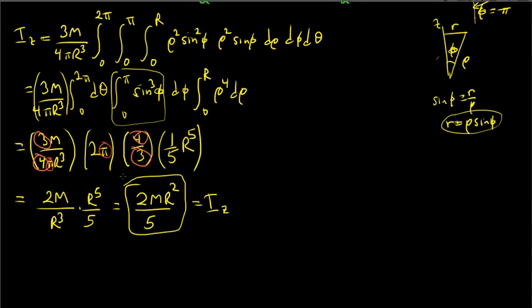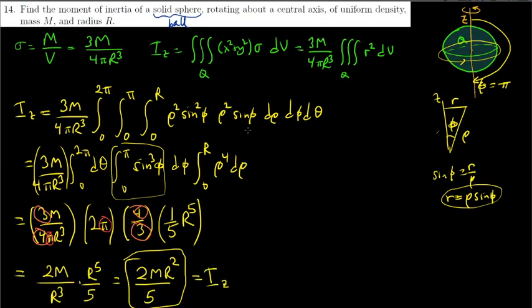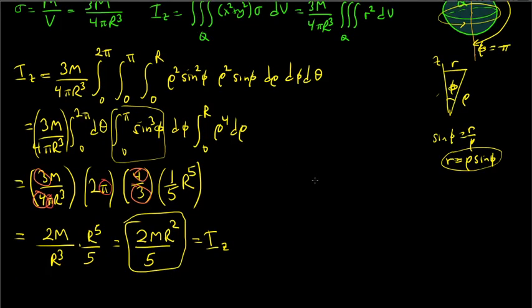So this is a formula usually given to you in a physics book, right? But this is where it comes from, right? This is one way to evaluate it, right? And I know in your physics book, it probably tells you to evaluate this as the triple integral of r squared dm. But dm is really just the density times the volume, right?